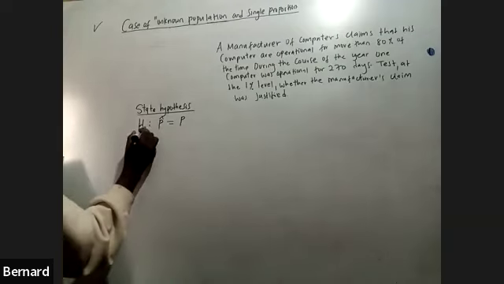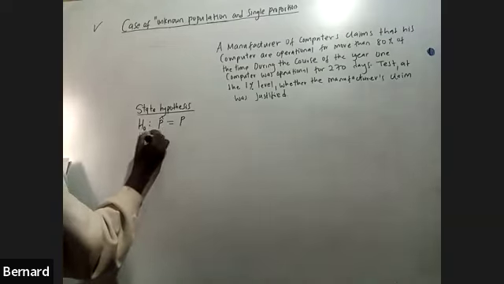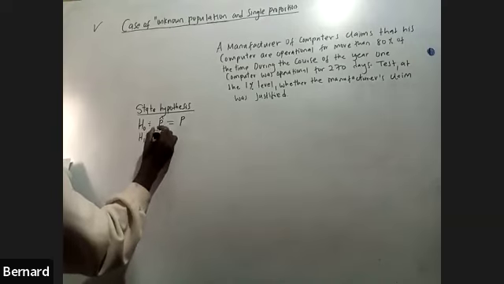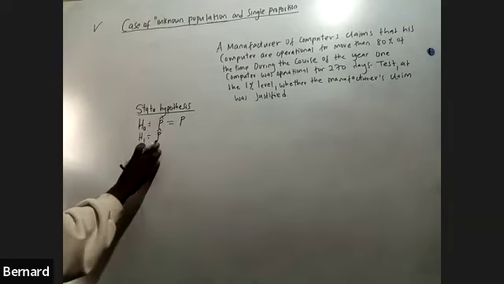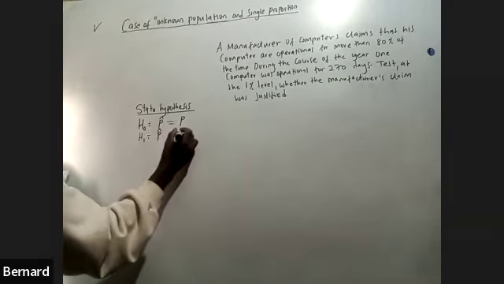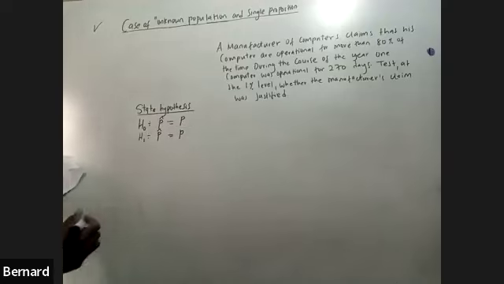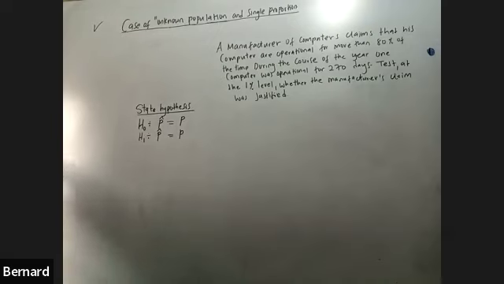And then the alternative hypothesis, you can say the sample proportion is not equal to the population proportion. So that is number one.